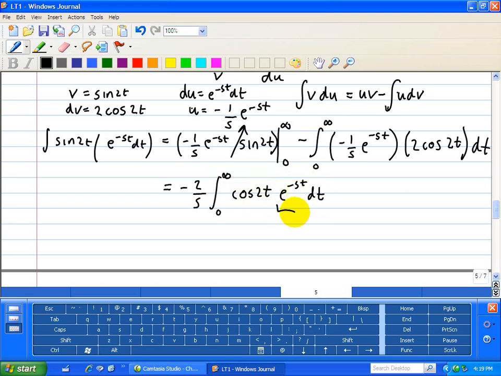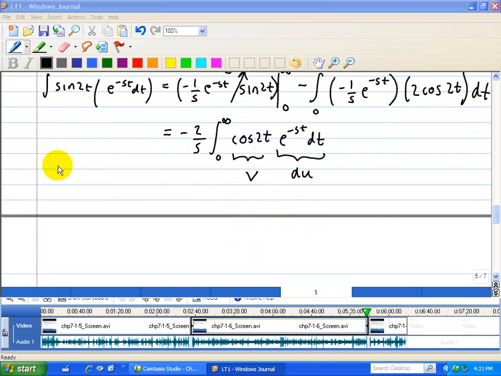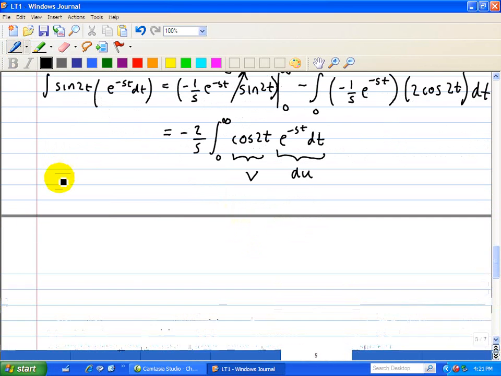Here we define this as du, and here we define as v. So with v equal to cosine of 2t, that implies dv is equal to negative 2 sine 2t dt.